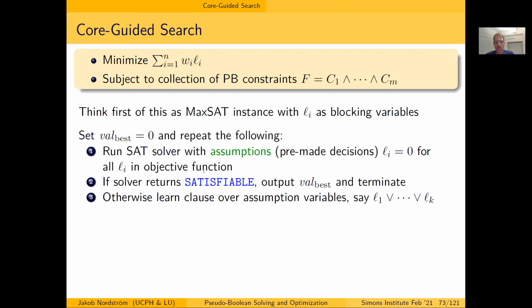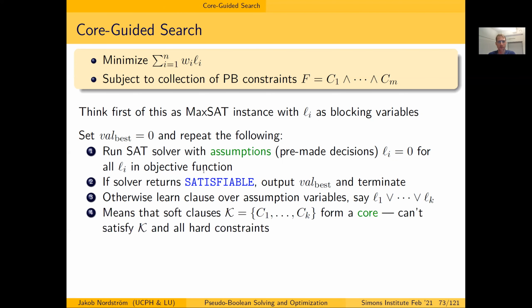You cannot find a satisfying assignment that satisfies all the hard constraints plus all of these soft clauses. This is not possible. And in max-sat terminology, that means that these soft clauses, C1 up to Ck, form a core. Okay, this is what is known as a core, and this is why it's called core-guided search.